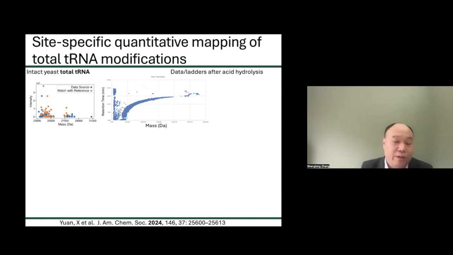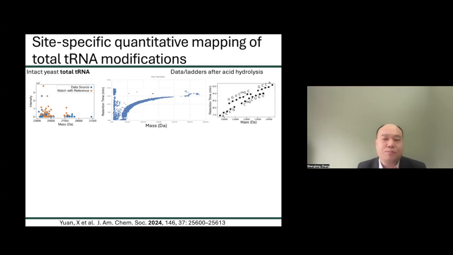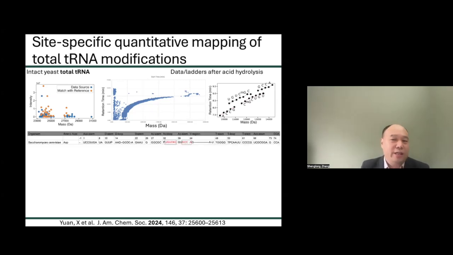We can't read the full length of each of those tRNAs, but with our current method, we can read parts of those segments. With this, we can do BLAST to find which tRNA it belongs to. For example, we find this belongs to tRNA Asp.